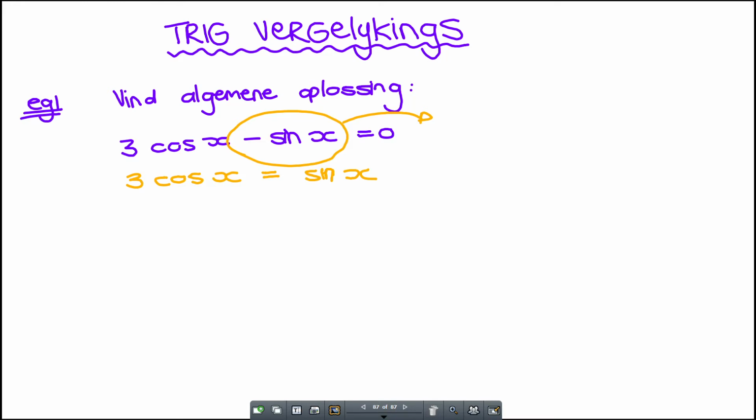Maar wat ons wel weet, is dat as ek sin gedeel deur cos, dan raak hy tan. So wat ek nou hier gaan doen is, ek gaan sê, gaan deel albei kante deur cos x. Because when I do that, this divided by cos x will just become 3.